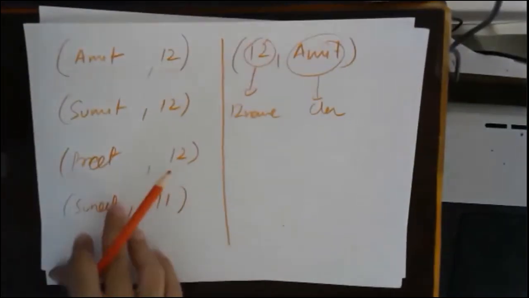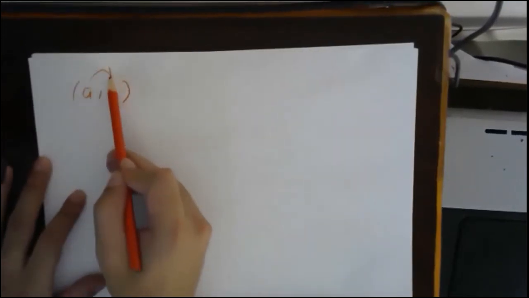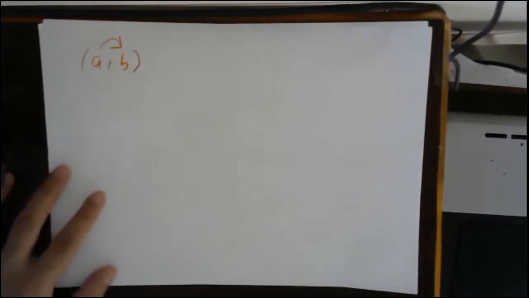Okay, now see. I hope everybody understood what I'm trying to say. If an element in a relation is written like this, A and B, that means A is linked with B. You can think of it like a vector quantity. I hope you know what vector quantities are. The direction matters.